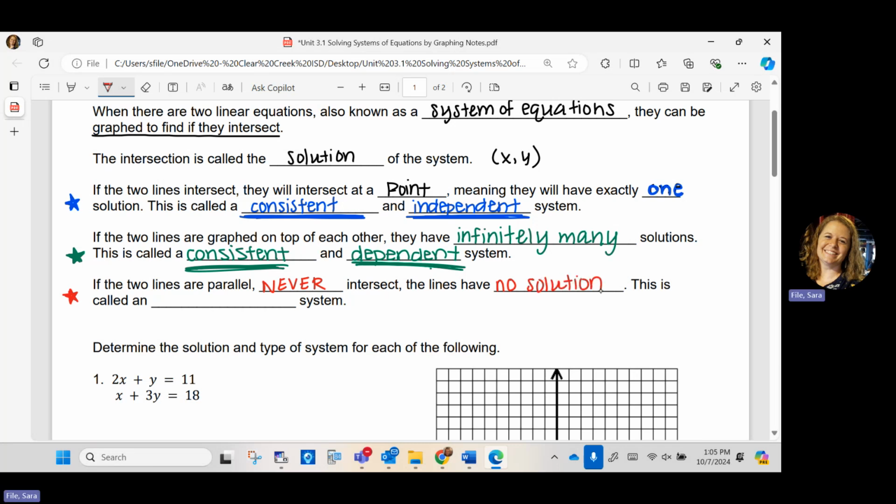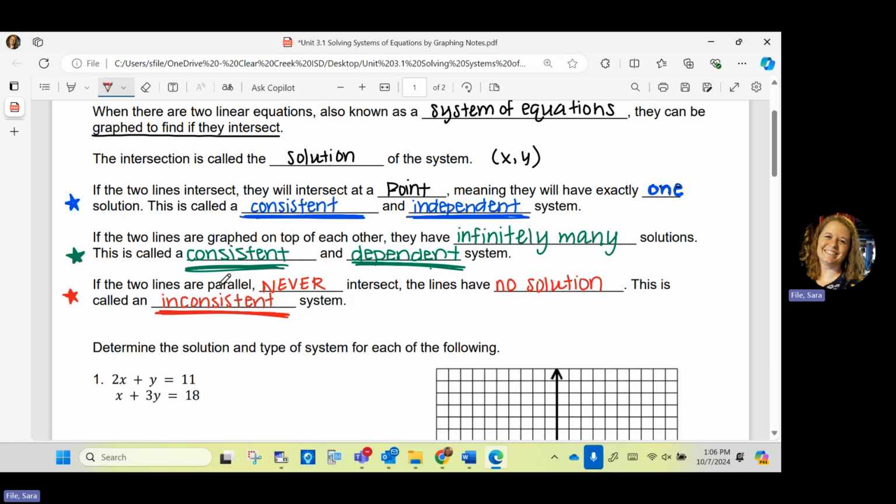If the solution is where they intersect and they're parallel, they will never intersect, so there is no solution. This is called an inconsistent system. So your system is one of those three types: consistent and independent, consistent and dependent, or inconsistent.